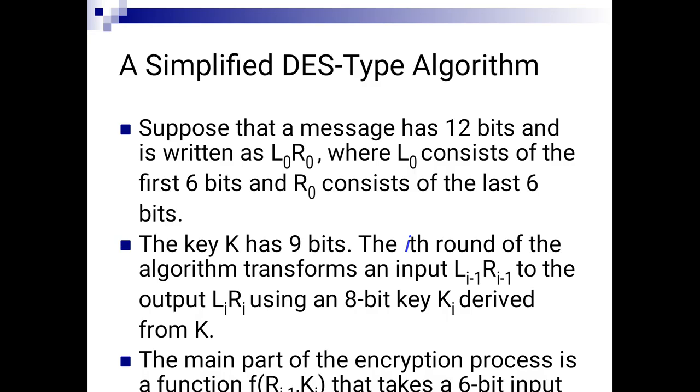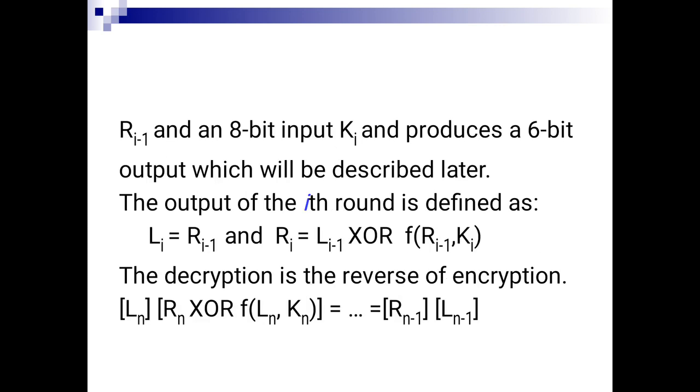The ith round of the algorithm transforms an input Li-1, Ri-1 to the output Li, Ri using an 8-bit key Ki from K. The main part of the encryption process is a function f of Ri-1 and Ki that takes a 6-bit input Ri-1 and an 8-bit input Ki and produces a 6-bit output, which will be described later.